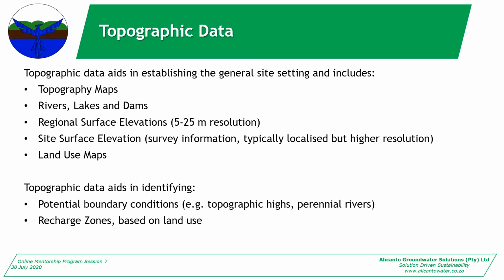Recharge zones based on your land use: if you've got cultivated land where the soil is disturbed versus urban land where you've got concrete and tar roads over your soil, those are going to be different recharges. And then areas of potential groundwater surface water interactions, your lake areas, your perennial rivers, big dam compounds, those kind of things you'll pick up on the topographic maps.